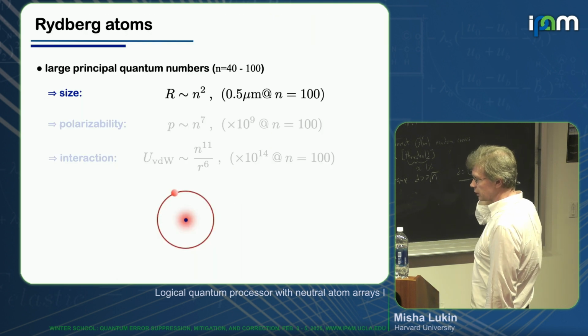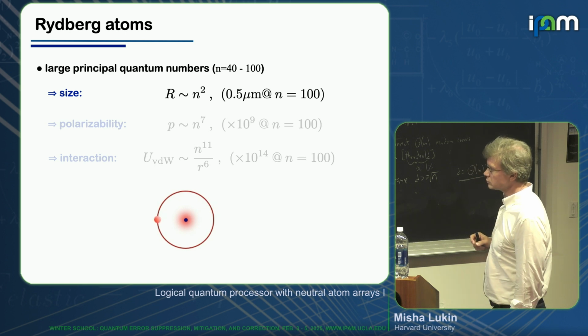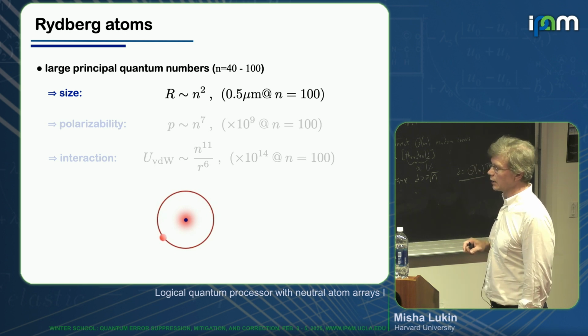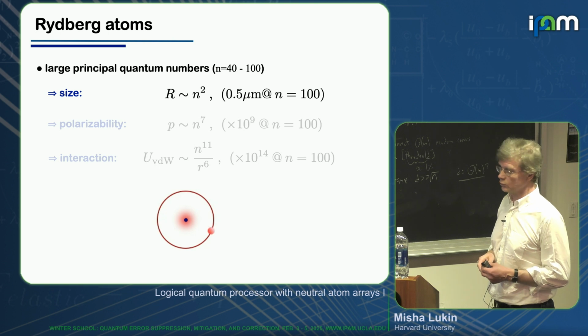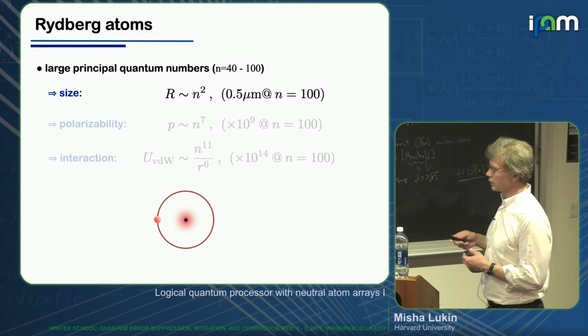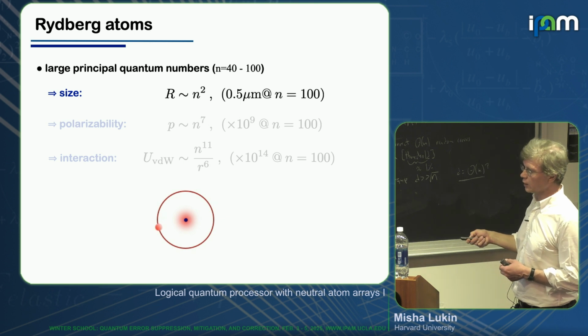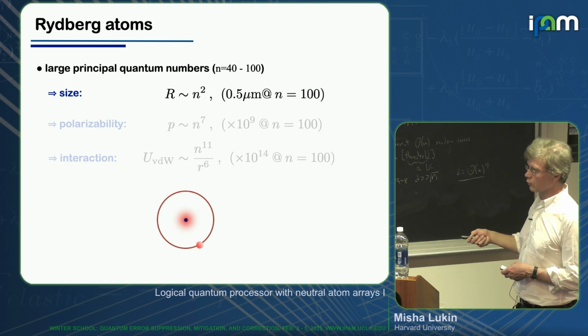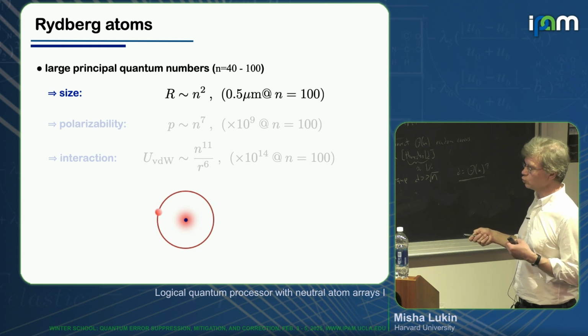So let me just remind you a little bit again, for those of you maybe who are not physicists. These Rydberg atoms are atoms where the electron orbits far away from the nucleus, and they have quite unusual properties.